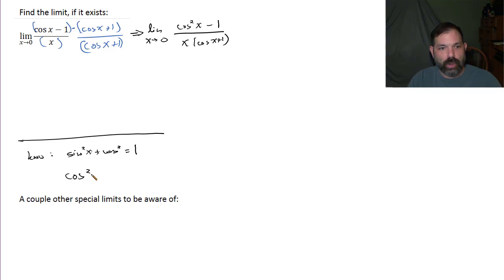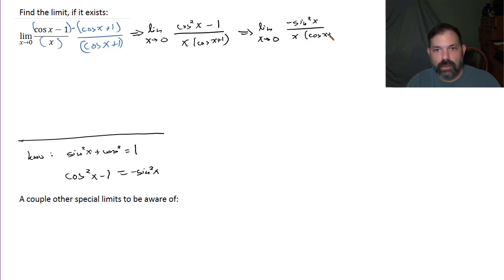Then cosine square x minus 1 is negative sine square x. So then this becomes the limit with x approaching 0 of negative sine square x over x times cosine x plus 1.